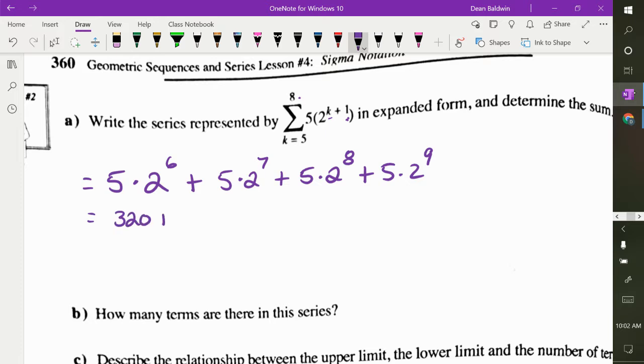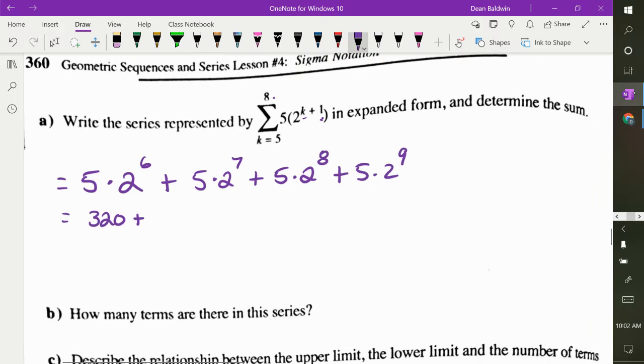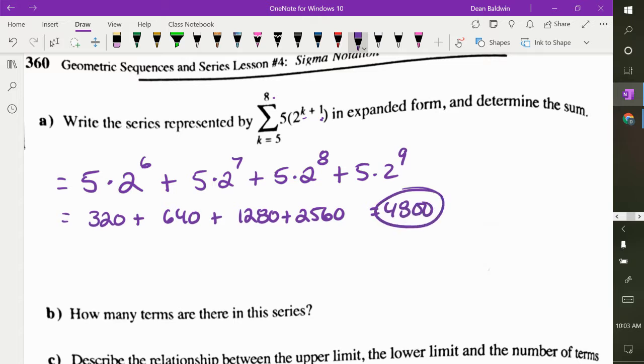So you put the k value in, from the lower k to the upper k. You're summing all those terms. If you add those all together, you get 4,800. Okay. How many terms are in this series? 4.